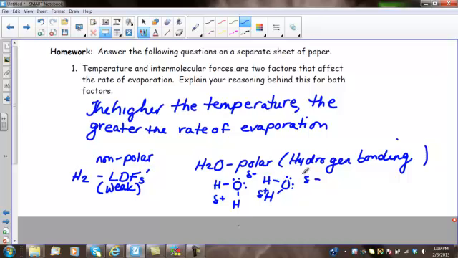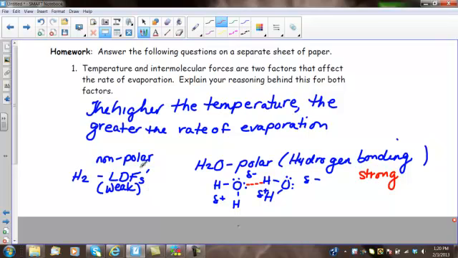So when we talk about hydrogen bonding, we're talking about this bond between molecules. Hydrogen bonding occurs between molecules when hydrogen bonds with nitrogen, oxygen, or fluorine. So you're comparing something with weak forces, and hydrogen bonding, as you know, is a strong intermolecular force.